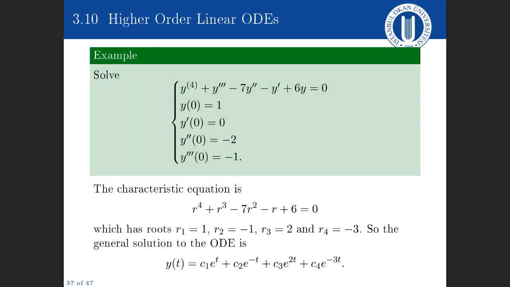So exactly the same ideas as for second order equations. There's nothing new here except that we have more terms. For a fourth order equation, we need to have 4 linearly independent solutions. Our fundamental set of solutions will include 4 different functions.